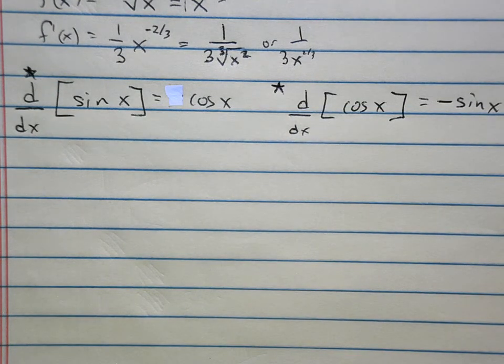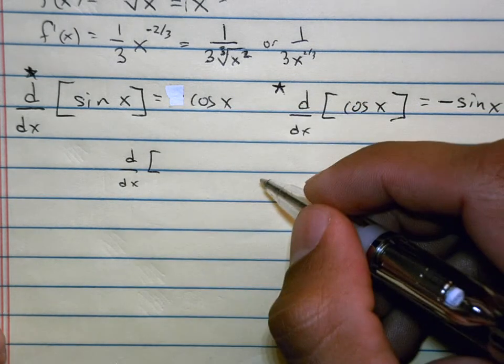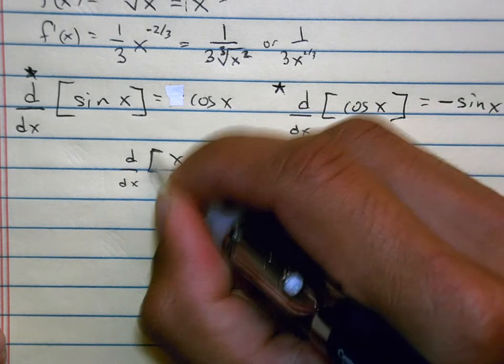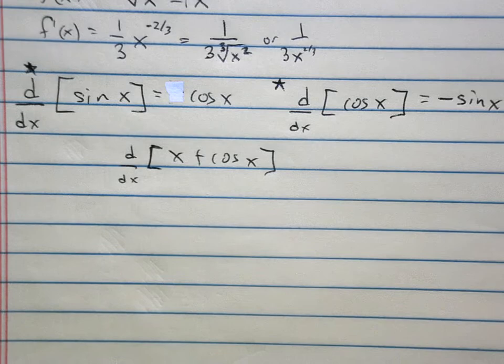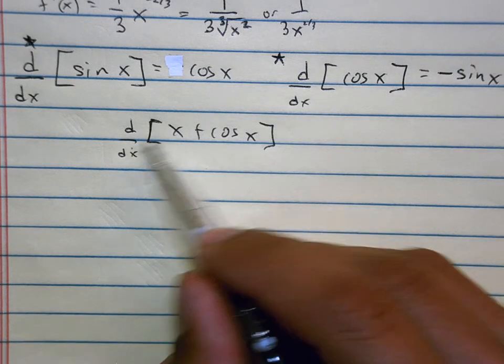If I asked you to find the derivative, look at how I'm writing it. Find the derivative of x plus cosine of x. Let's do this together. I want to find the derivative. That's what the d over dx means. What is the derivative with respect to x of x plus cosine x? Well, I have to take the derivative of the first piece.